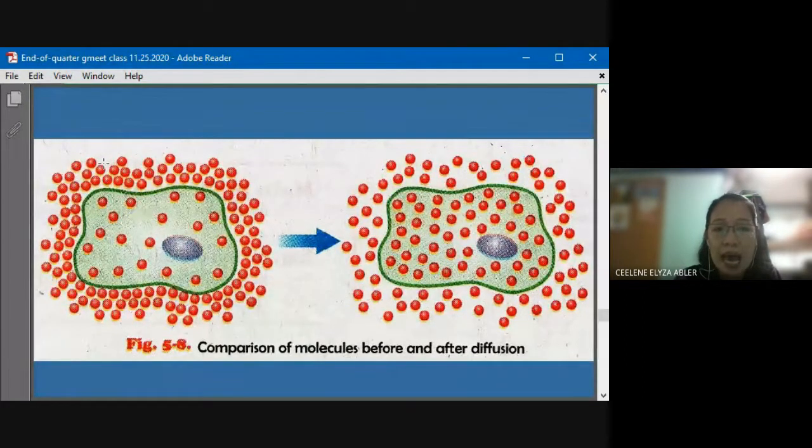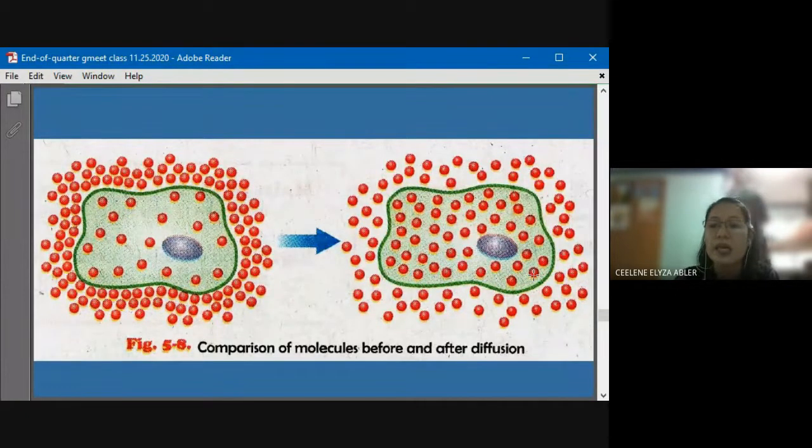So this is high and this is low. And you will notice that at the end, when achieving dynamic equilibrium, the parts of the concentration gradients are equal. You have equal amounts here outside and equal amounts here inside. So, that is what happens after diffusion of substances.